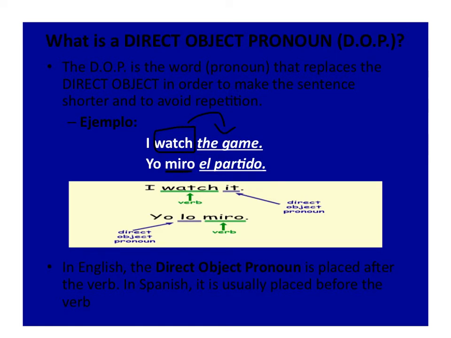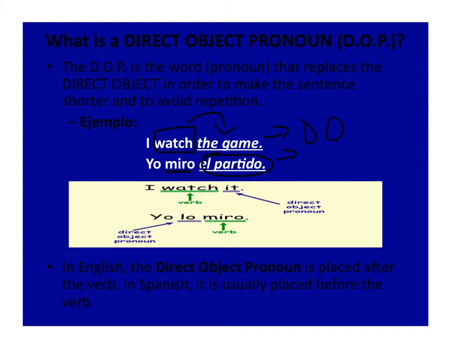What is it that I watch? El partido. So el partido, the game, is your direct object. Now to make the sentence shorter, we change it from I watch the game to I watch it. It is your direct object pronoun.